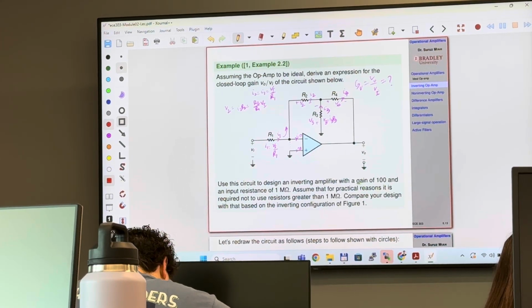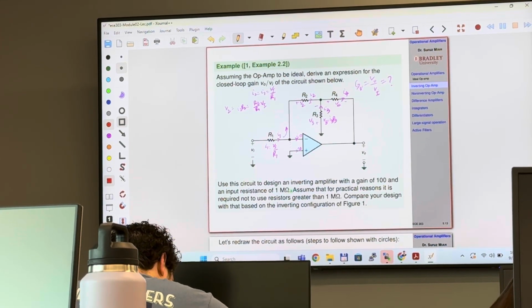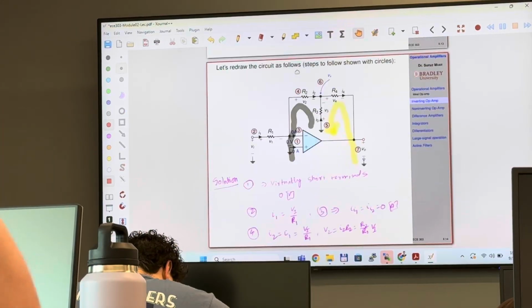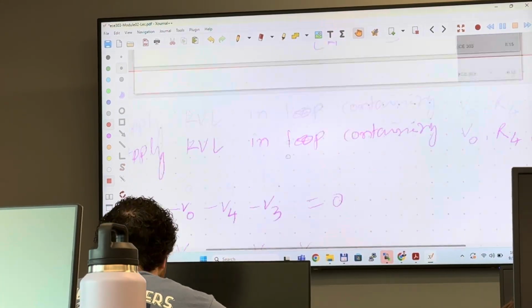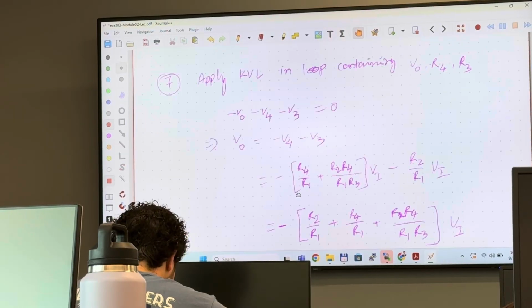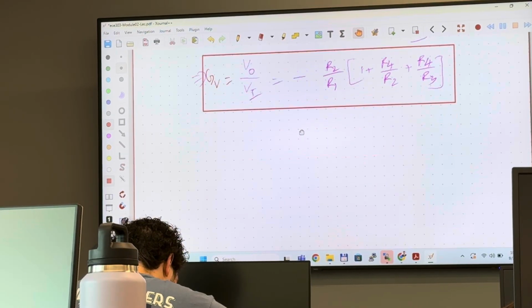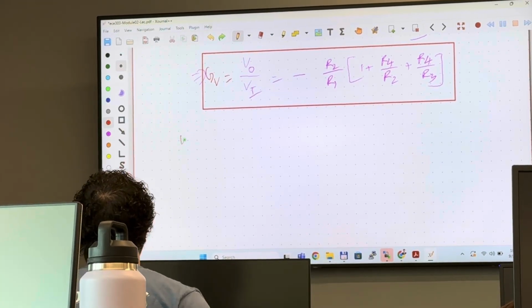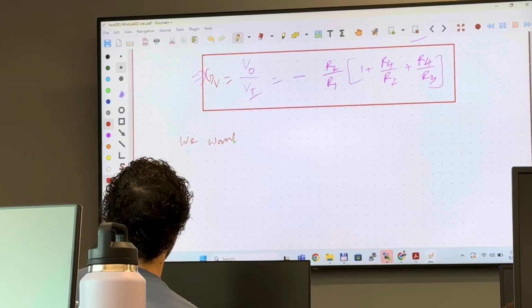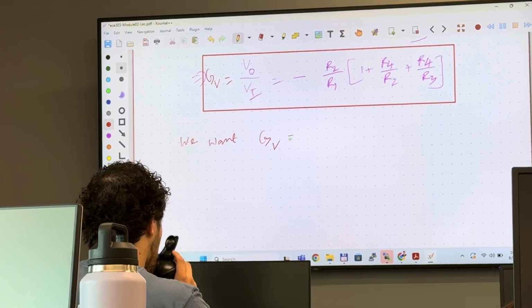For the second part, I want an inverting amplifier gain of 100, which means we want GV to be negative 100.